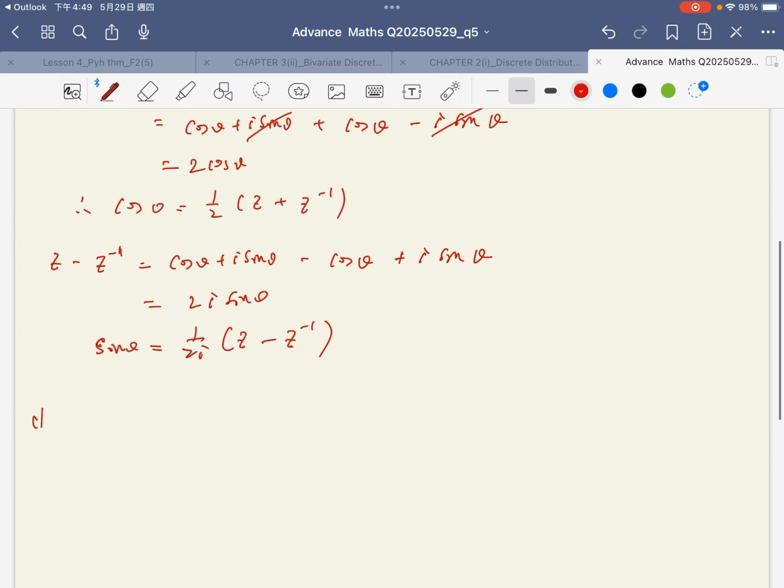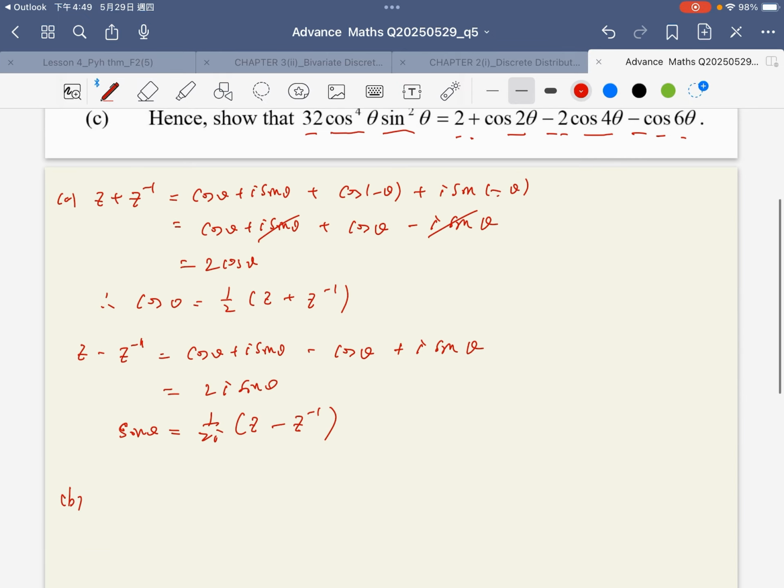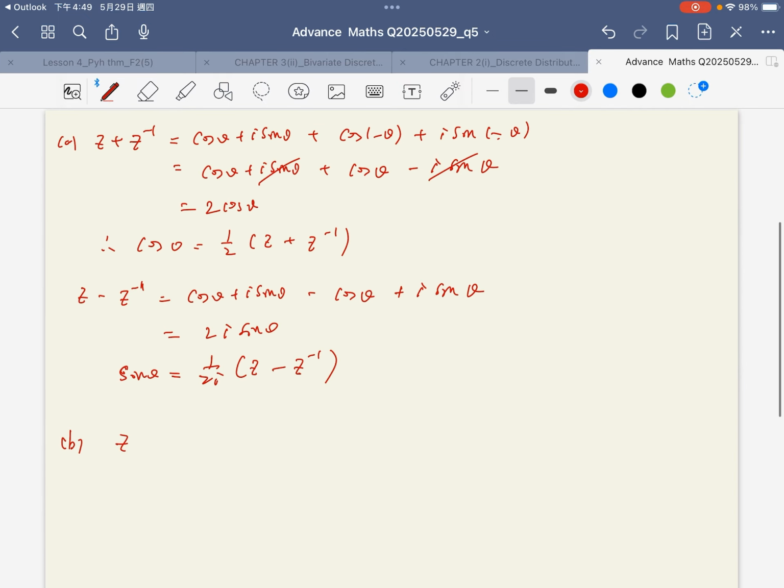For part B, z to the power n plus z to the power minus n. Here, by De Moivre's theorem, it is cosine n theta plus i sine n theta plus cosine negative n theta plus i sine negative n theta.